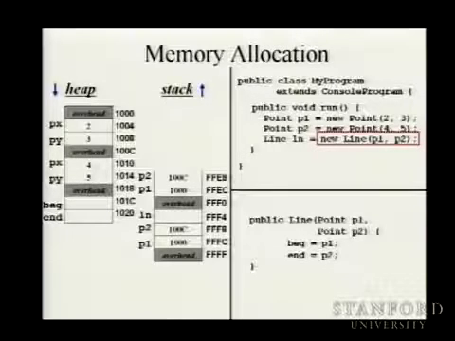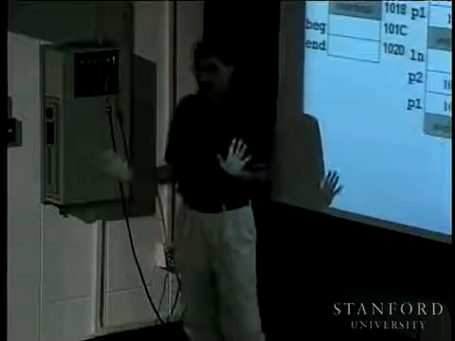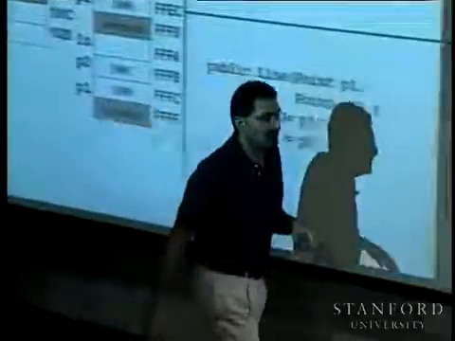P1 and P2. What are P1 and P2? They're pointers. They're just values that happen to be memory addresses. So what I do is I pass a copy of the address 1,000 and a copy of the address 1,000 and C. And I don't create new versions of P1 and P2. All I do is I pass copies of their addresses. Okay, are we clear on that? That's the critical concept here.